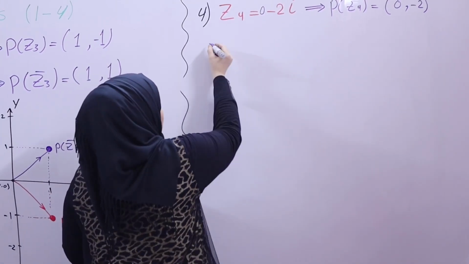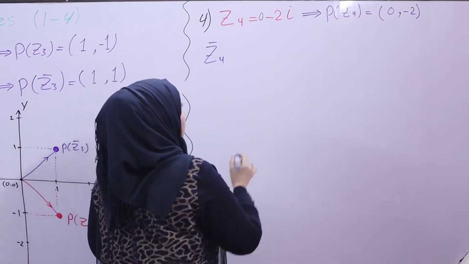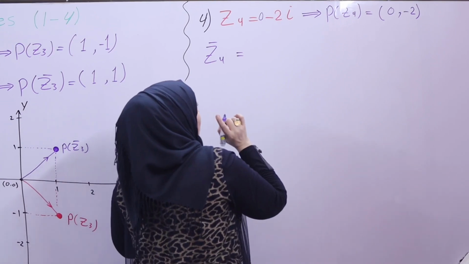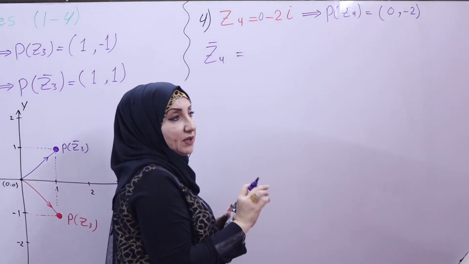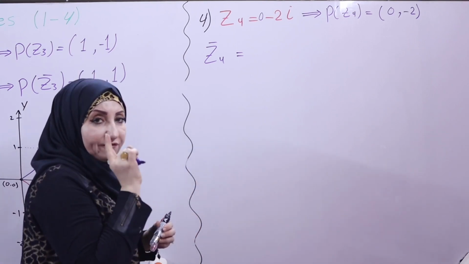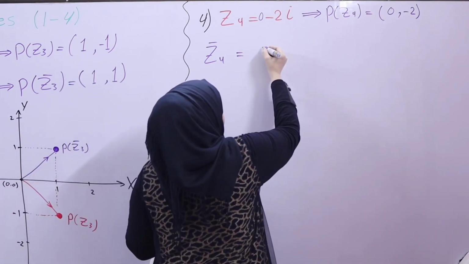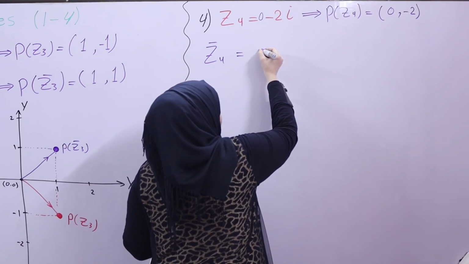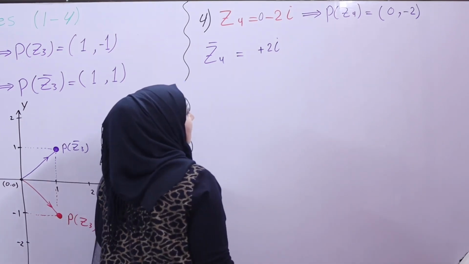And now we want to find the conjugate of Z4. We change only the sign of the imaginary part. So that means the sign of the imaginary part will be positive 2i.